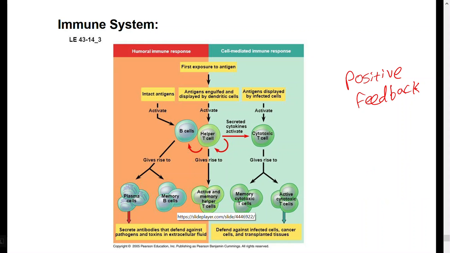The memory B cells are also very important, right? Because those hold in those antibodies. They make the antibodies, the things that can kill the cells, right? But every disease that comes in has its own antigens, right? And so you want the body to remember once it's been infected, and your helper T cell, what it does is it makes a mold of the antigen that it gets from the disease.